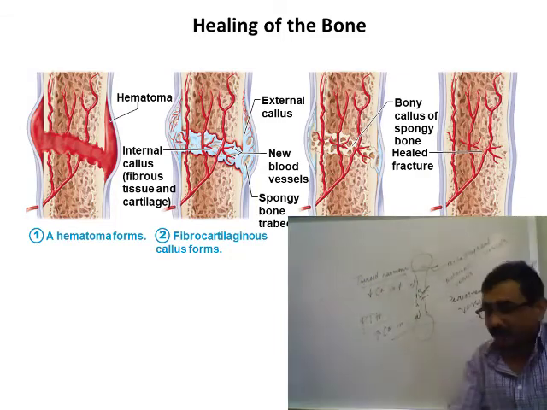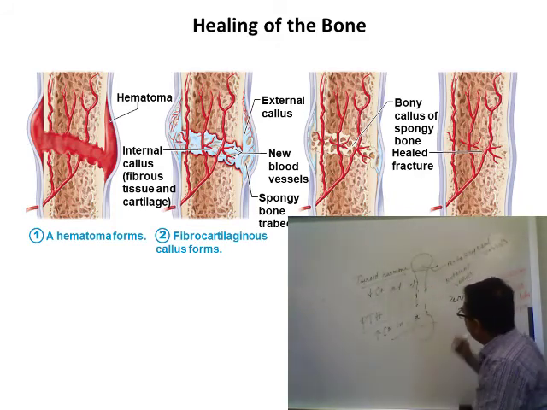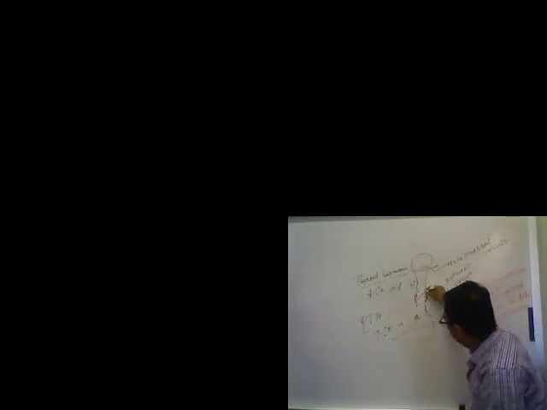If you see, after the new bone is formed, if this is the area of fracture, the surface of the bone is kind of rough here. So excess bone tissue must be removed from here to polish it. So that is done by who? You already know. Who will break the bone? Excess bone here. Osteoclast.